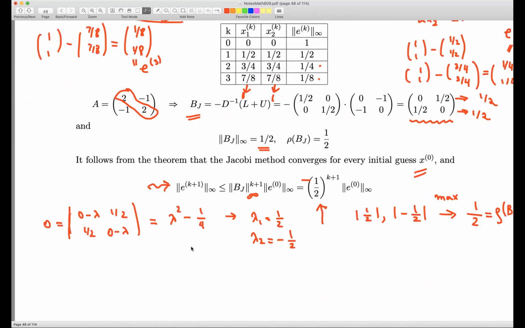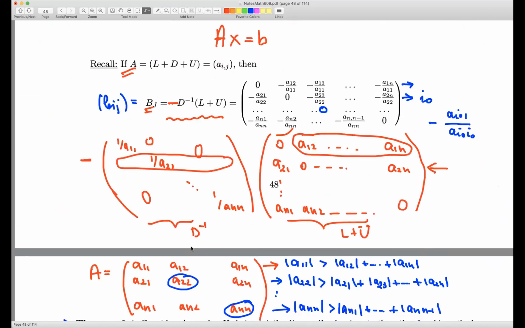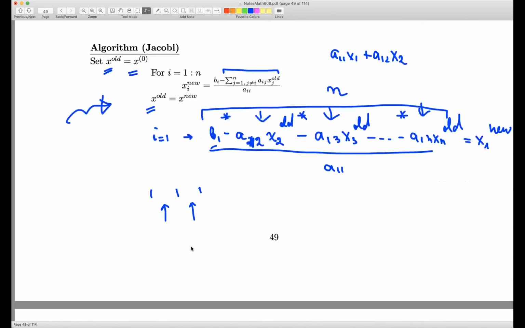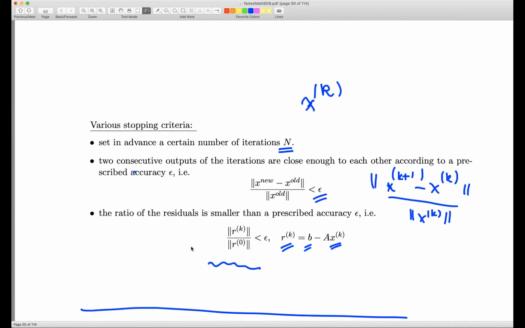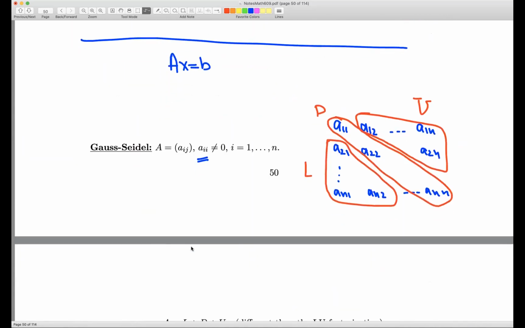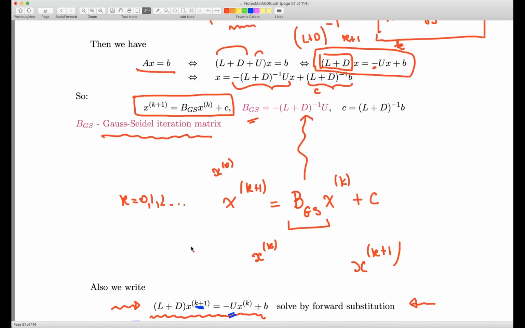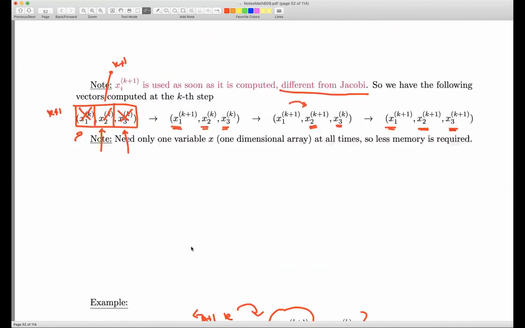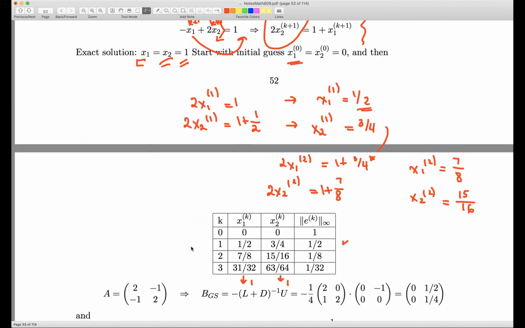So you have 0, 1/2, 3/4, 7/8, for example, for the first component. And here we're approaching 1 for both coordinates much faster than we did for the Jacobi method. And so for this particular example, the Gauss-Seidel method converges faster.